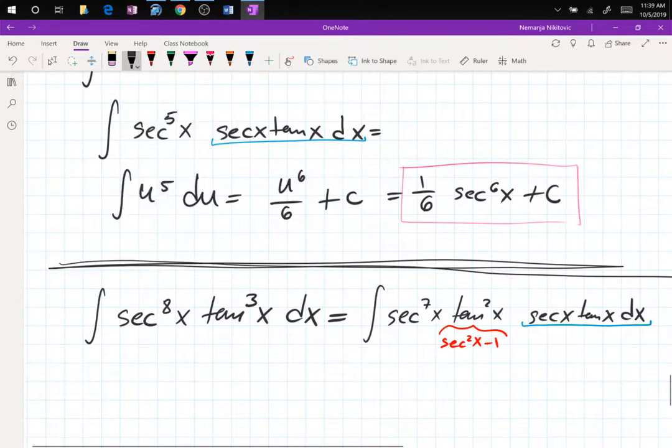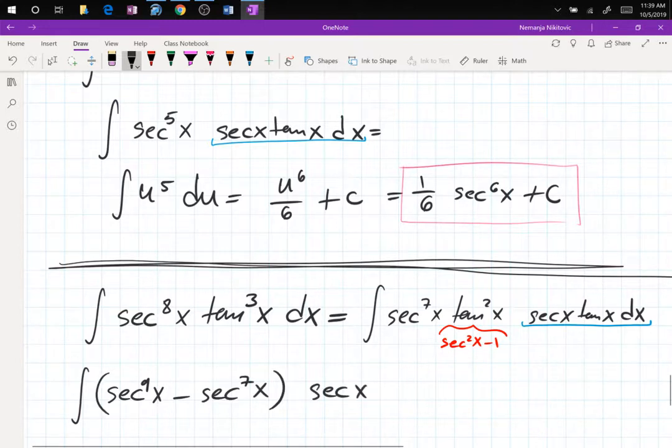So the integral transforms into secant to the 9x minus secant to the 7x times secant x tangent x dx, and this is where u sub kicks in.